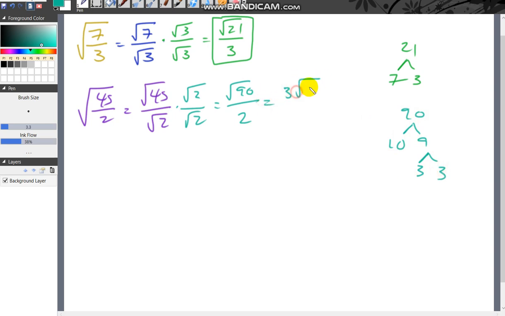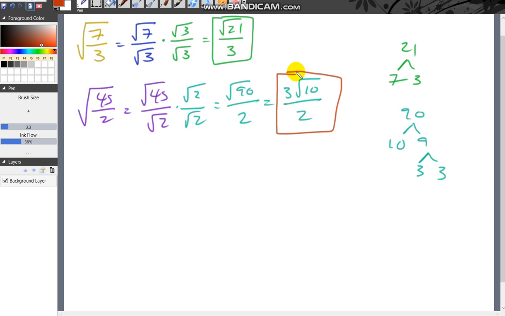So we have 3 times the square root of 10 divided by 2. If you guys have seen the pattern, that's basically how that one would change. Okay, I think that's all for now. Now I'm going to go through some other examples.